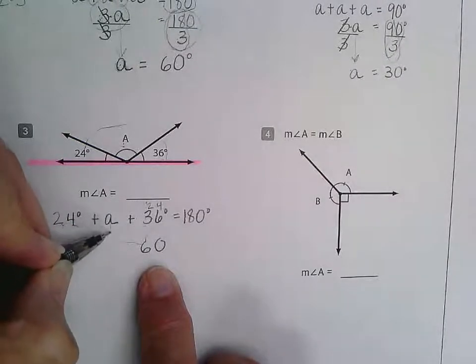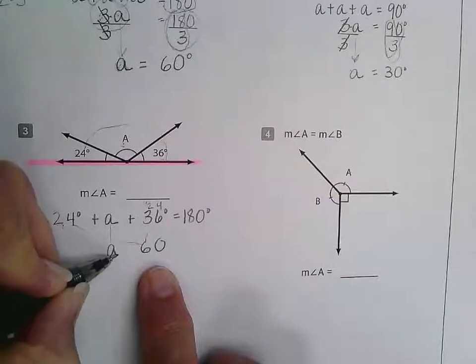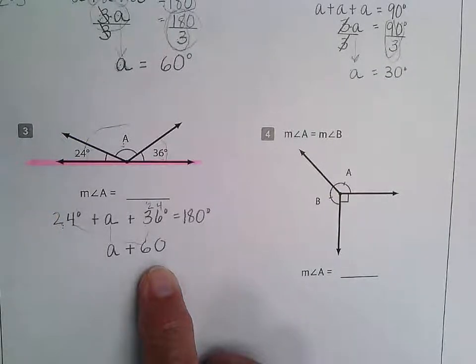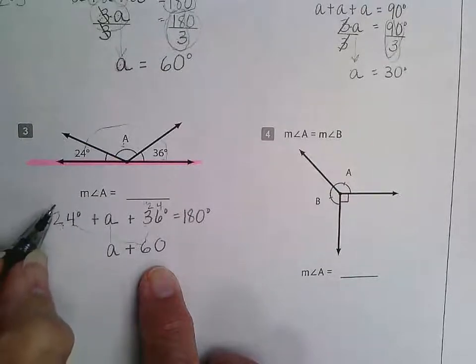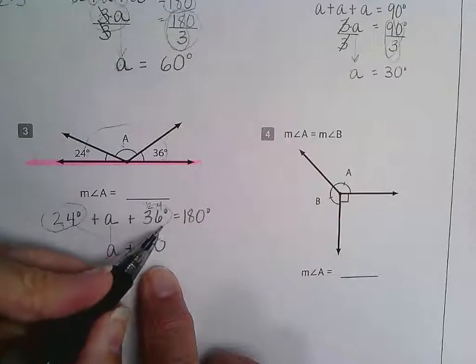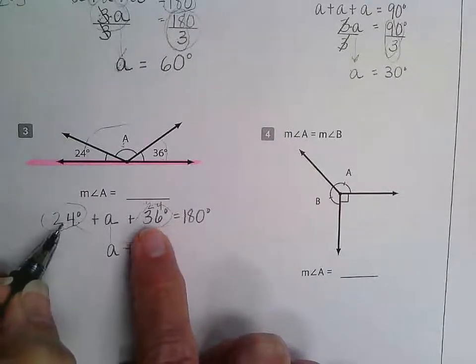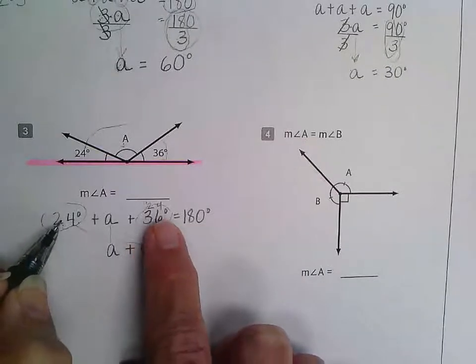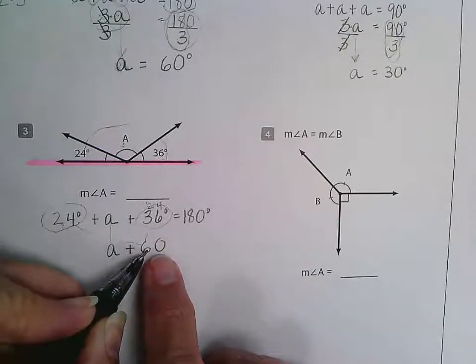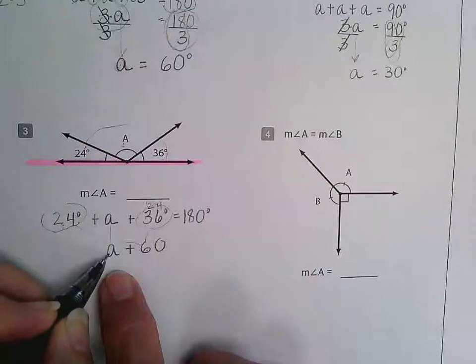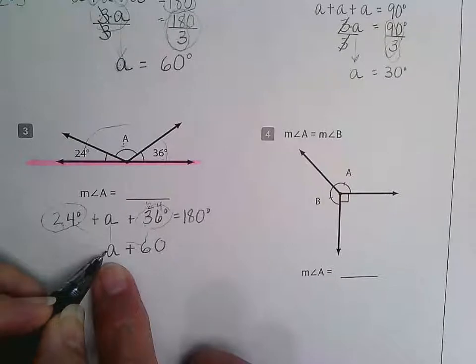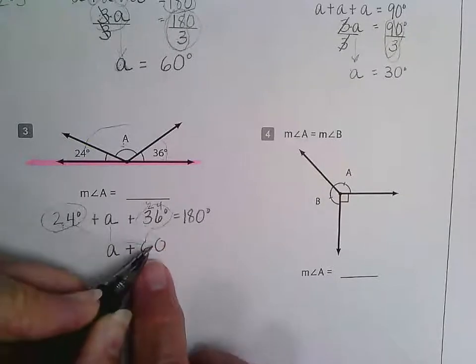That means I only have an A left over here. This is called combining like terms. These are the same because they don't have a variable attached to them. They're just numbers. So I'm combining the numbers, and I'm bringing my variable down.